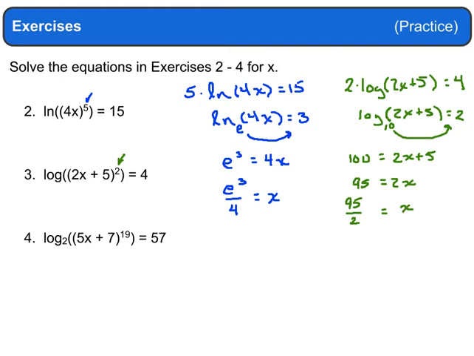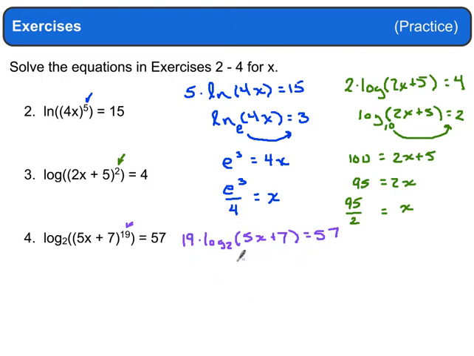When we look at number 4, same idea. We want to take this 19 exponent here, we're going to move it to the front. So that gives us 19 times the log base 2 of 5x plus 7, and that's going to equal 57. We're going to divide 19 to the other side.